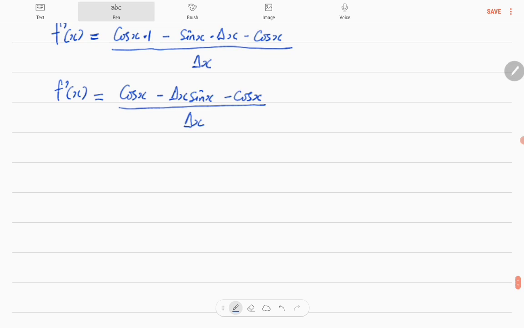So cos x minus cos x cancels, you have 0, and you'll be left with minus dx sin x divided by dx. So you cancel this dx, and you have minus sin x left.